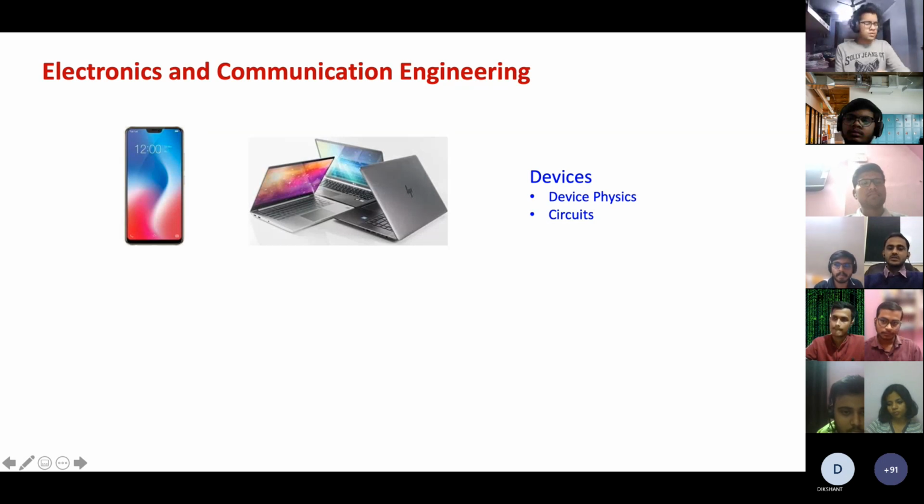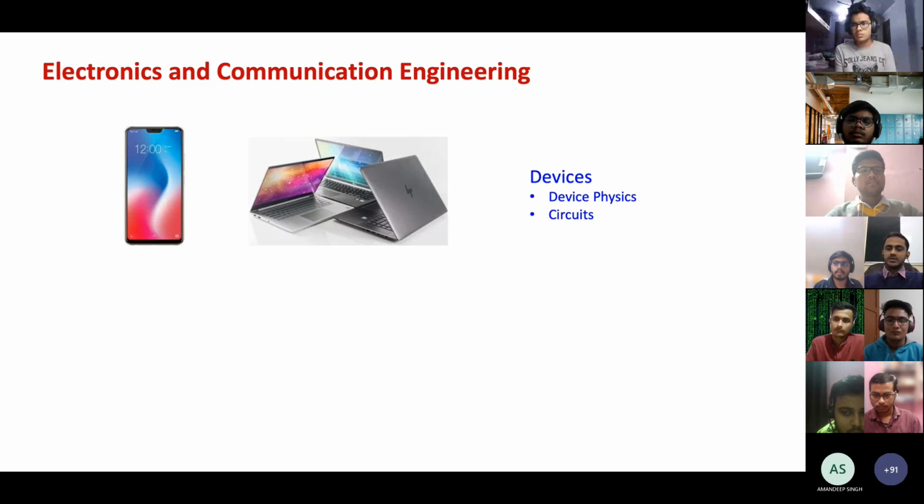So capacitor, diode, transistors. These are electronic devices, and even an integrated circuit is a collection of many electronic devices integrated into a single chip. So it is not a device; it is a collection of devices, now like a module actually.